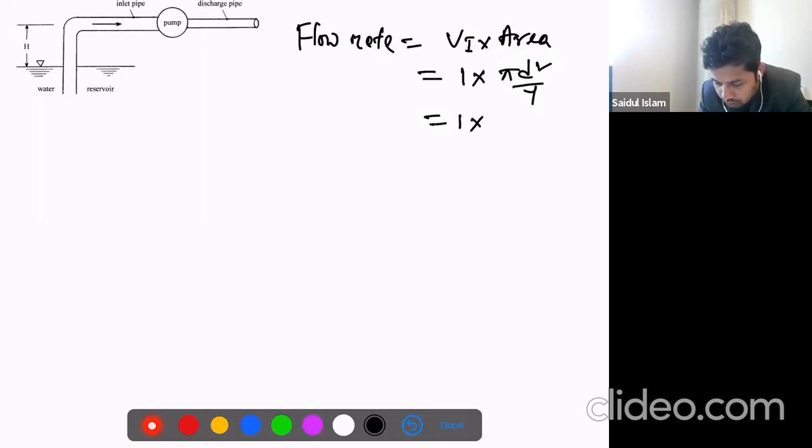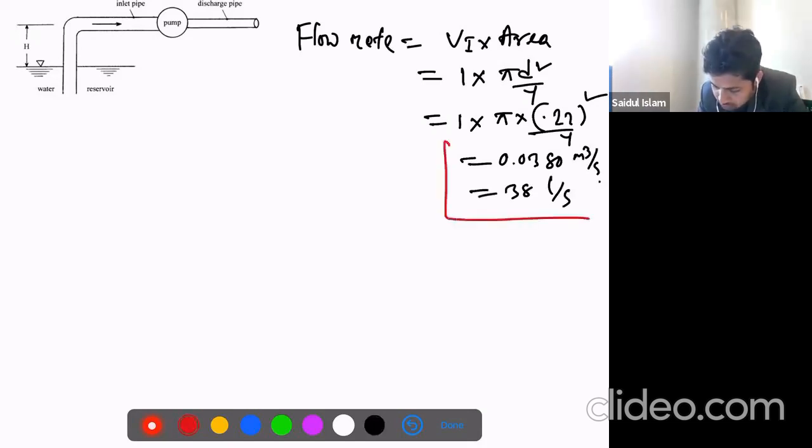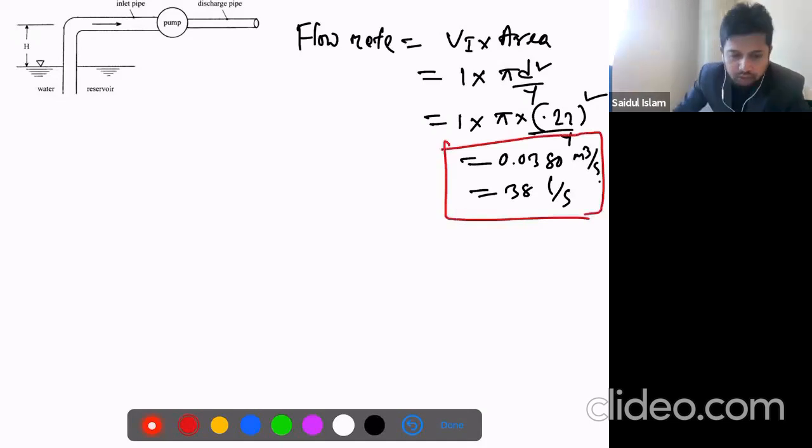So it is 1 times pi times 0.22 squared over 4, which gives 0.0380 cubic meters per second, or 38 liters per second. So that's the flow rate, the first part of this problem.